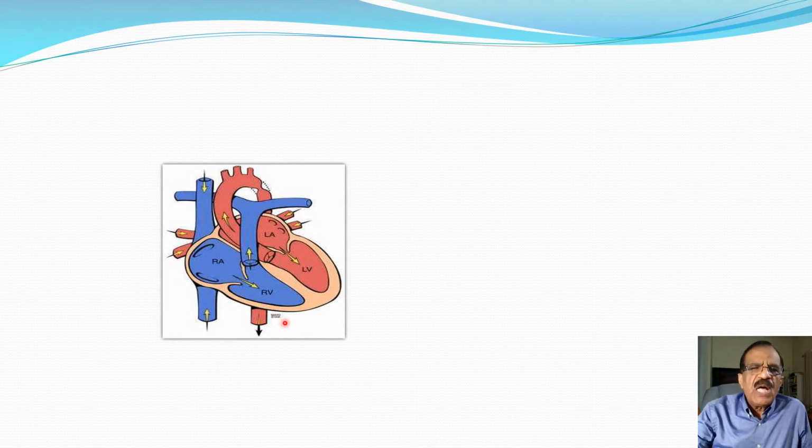Now, this is the heart. Normally the right side is coded blue, and blood goes from the right ventricle to the pulmonary artery, and after circulation it comes to the left, and the left side is coded red because it is all oxygenated blood. There is no mixing. But if there is a right to left shunt, then there could be mixing.